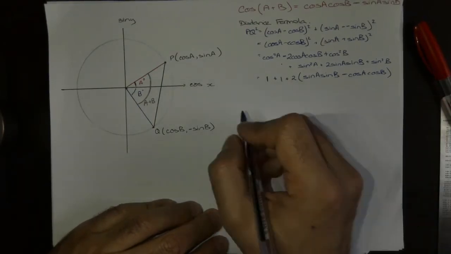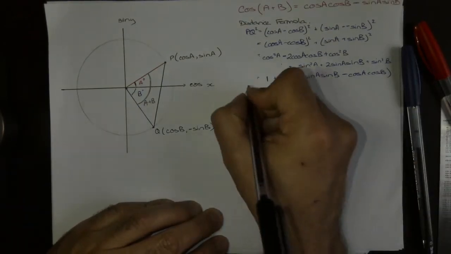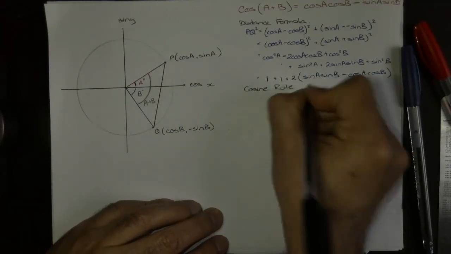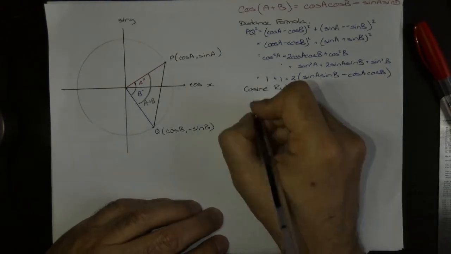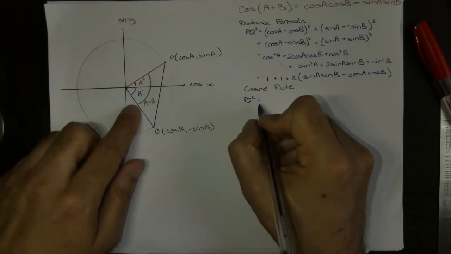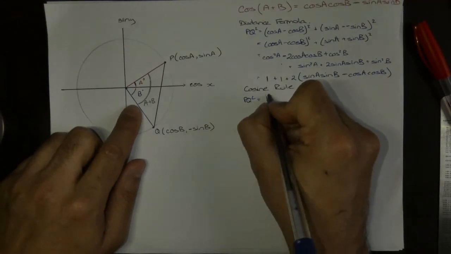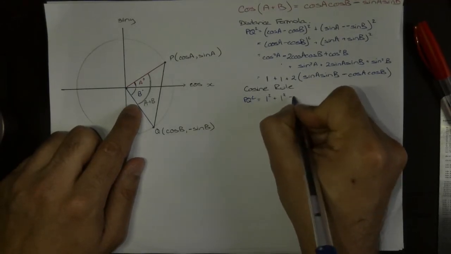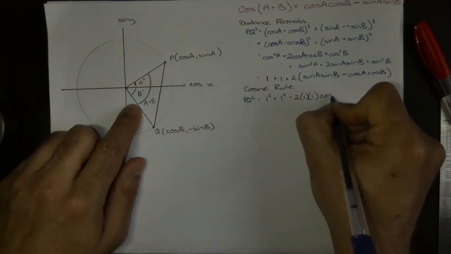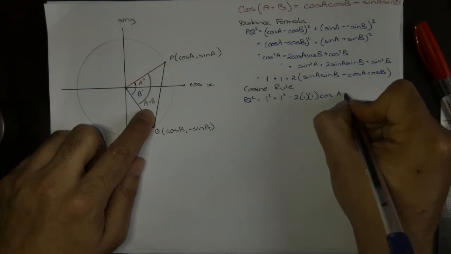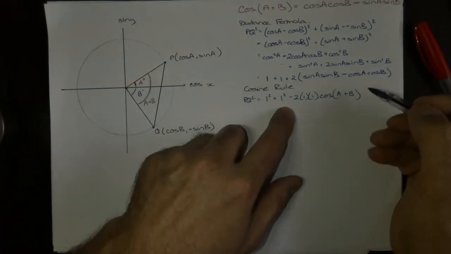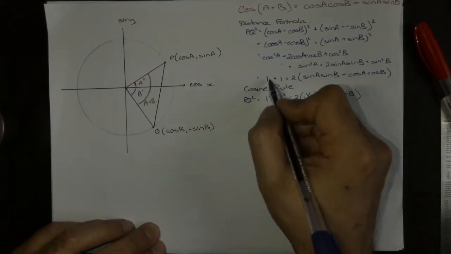So that's that. Now, obviously using the cosine rule, we get PQ squared equals a is 1, b is 1, minus 2 lots of ab cos of A plus B. Yeah, these are similar, so that cancels.